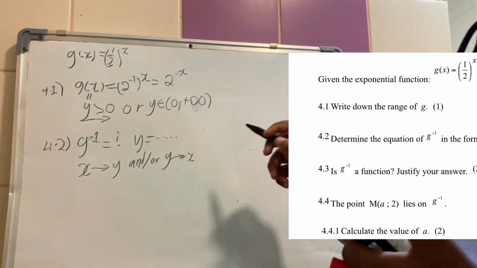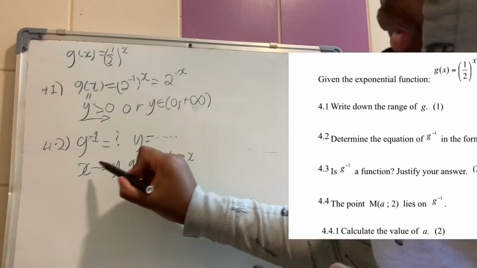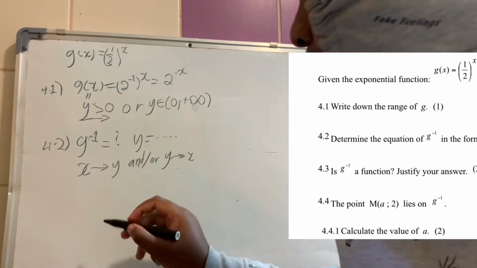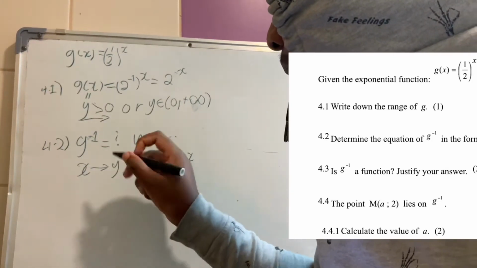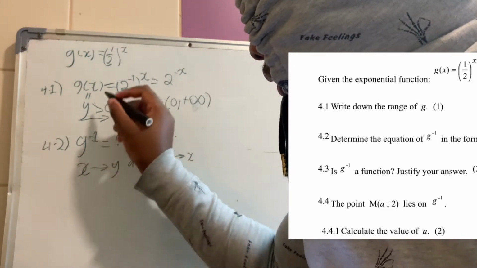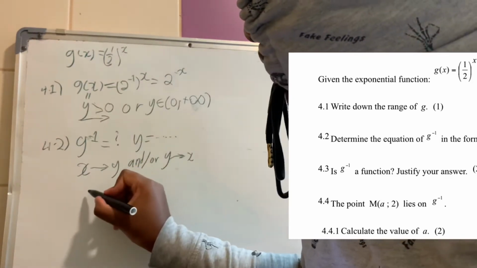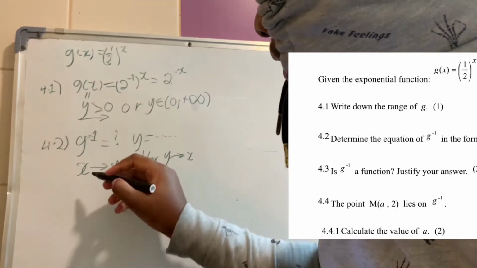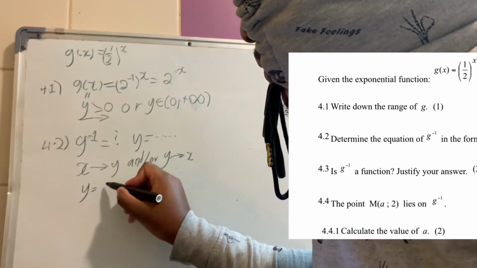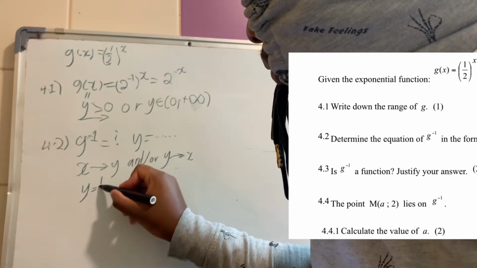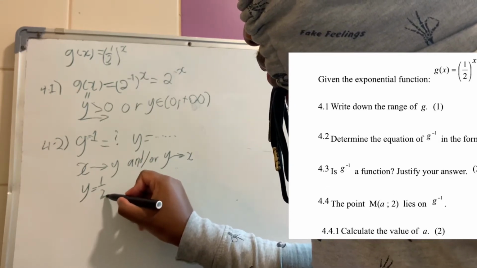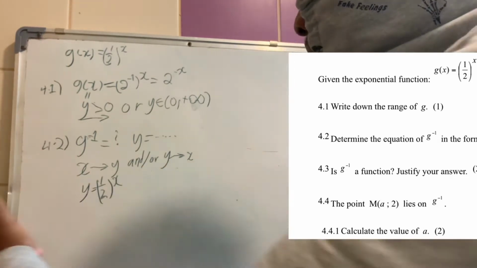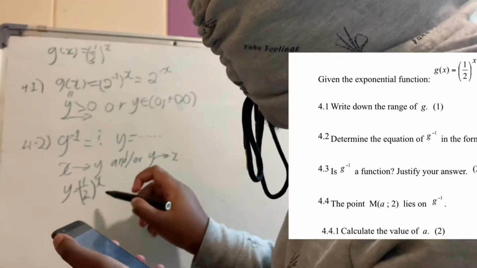Okay, now from that, I just want to equate g as y. So y is equal to 1 over 2 to the power x.